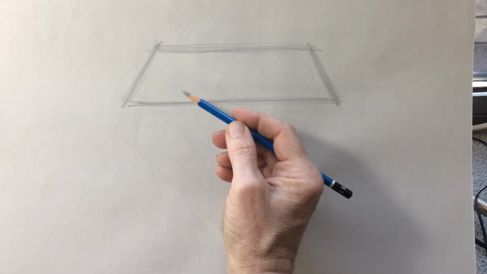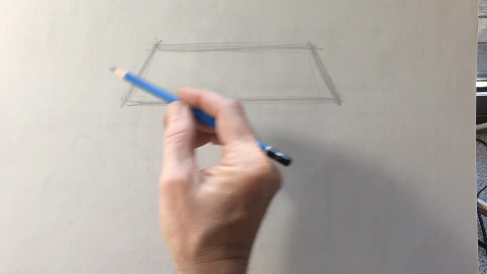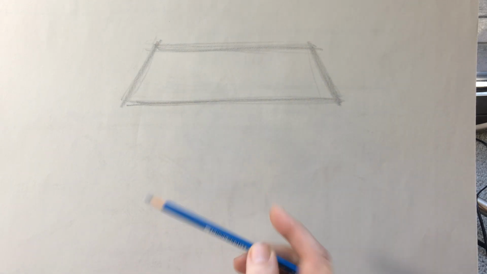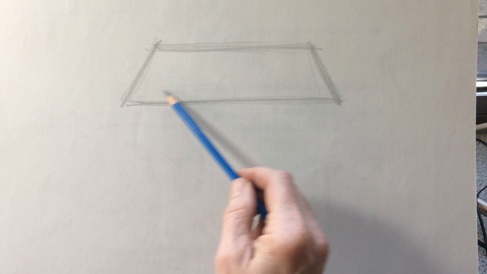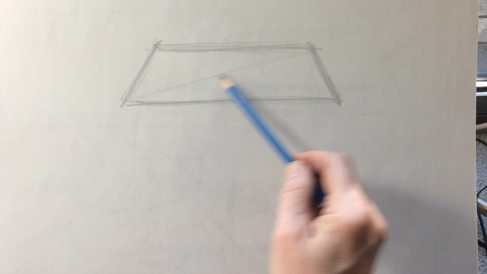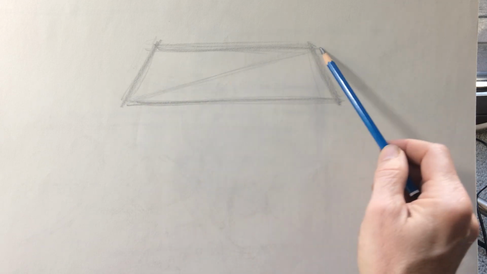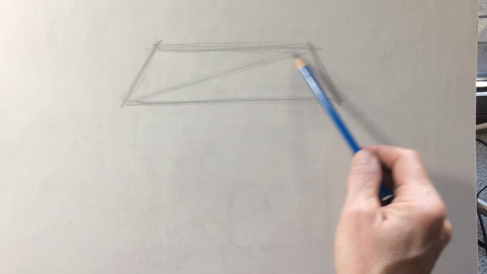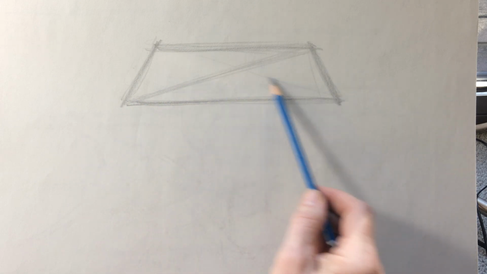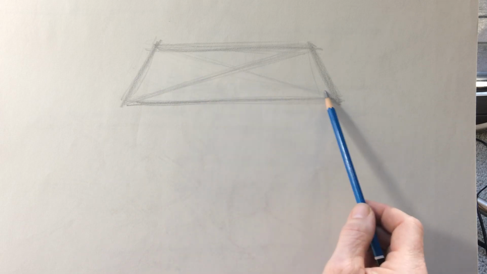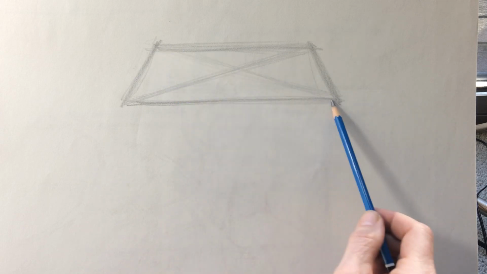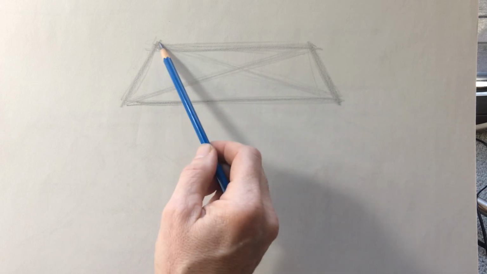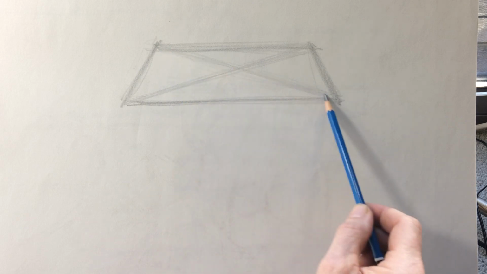Either way, it's helping me think about that shape. So when we're drawing circles in perspective, it helps greatly to think of the perspective rectangle that circle is sitting in.